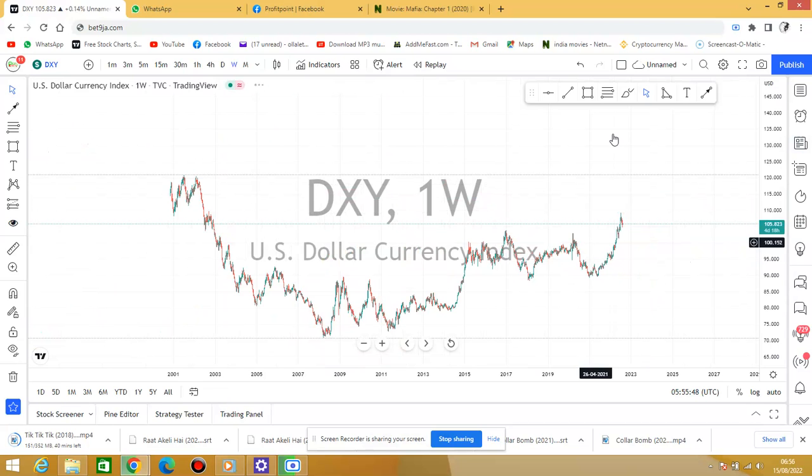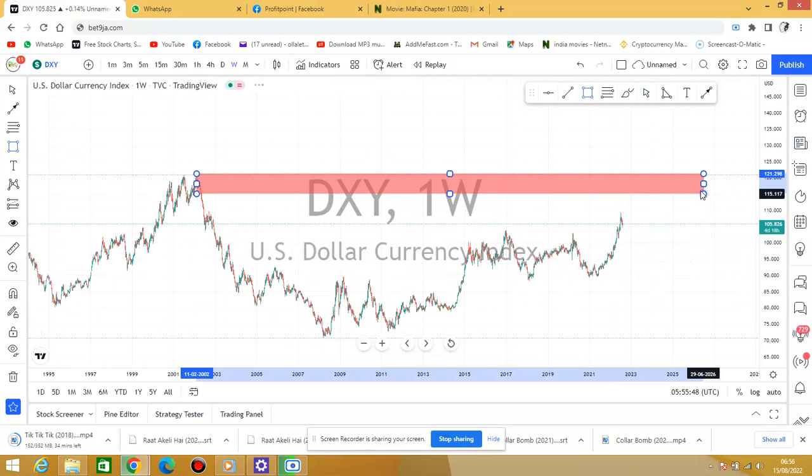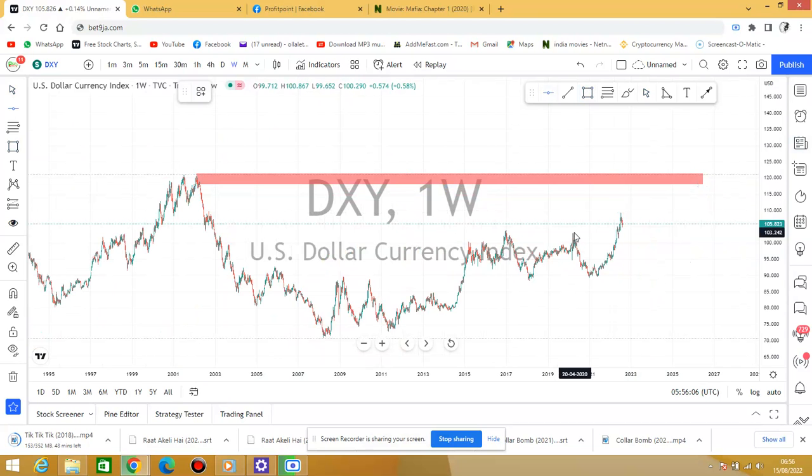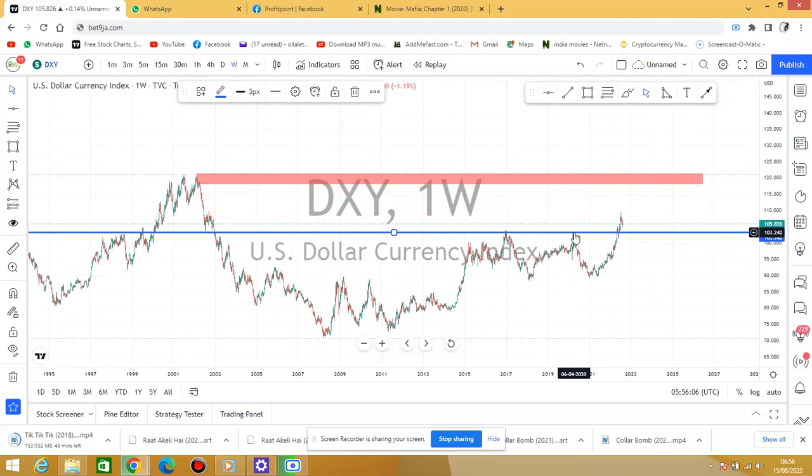Somebody like me, I'm still expecting this DXY, US dollar, to come to this level around here. This level is my major concern now, and you can see here that price broke this one, that level.